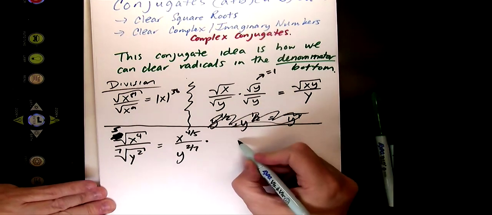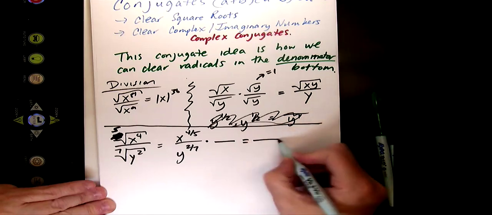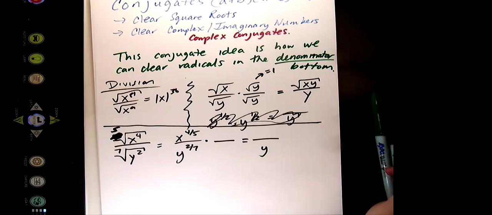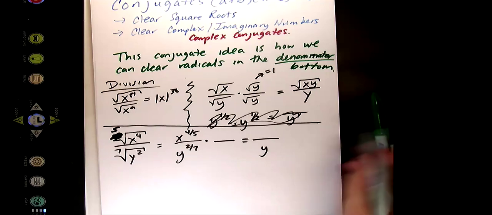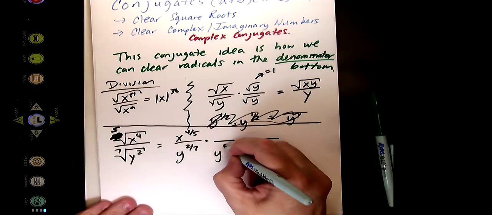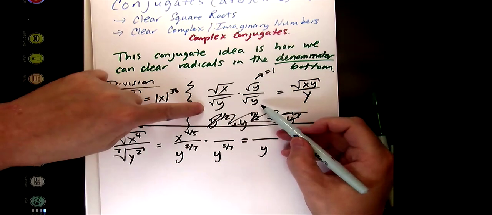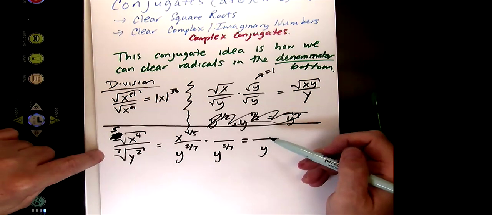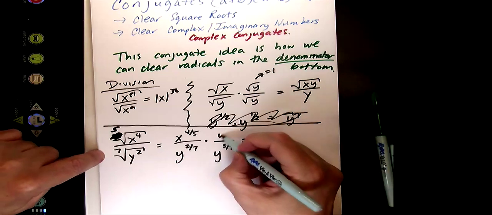What do I need to multiply so that I end up with just y on bottom? Five, seven. Y to the 5/7. So up here, we just multiply it by itself, but that's because it was a square root. That doesn't work when it's a different index. So we did it on bottom, we gotta do it on top.